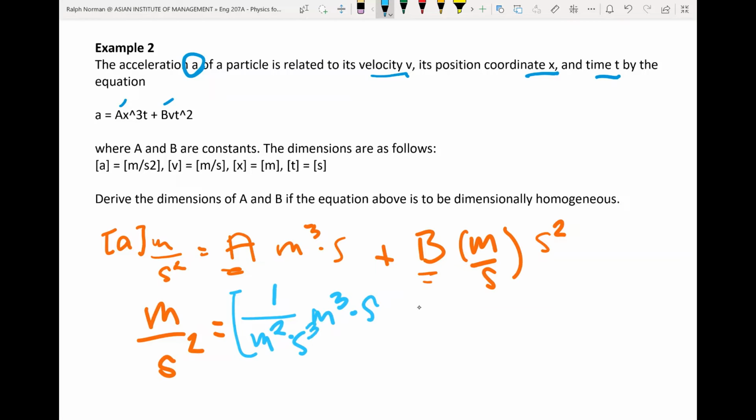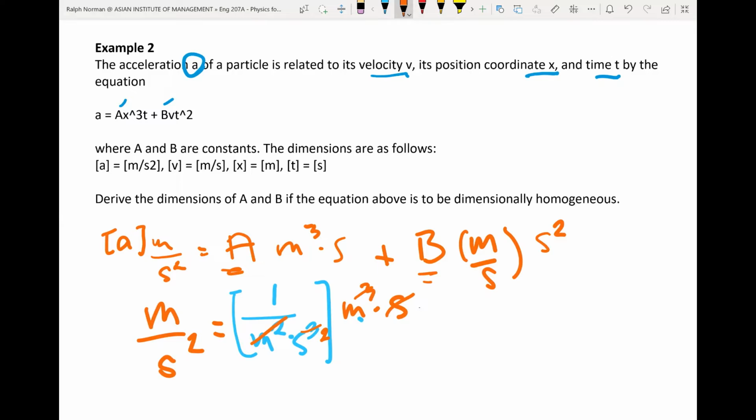S cubed. Yeah, so yeah. Lagyan natin dyan. Let's keep yung orange. So what happens? This cancel out, magiging 2. This one cancel out, magiging m na lang.